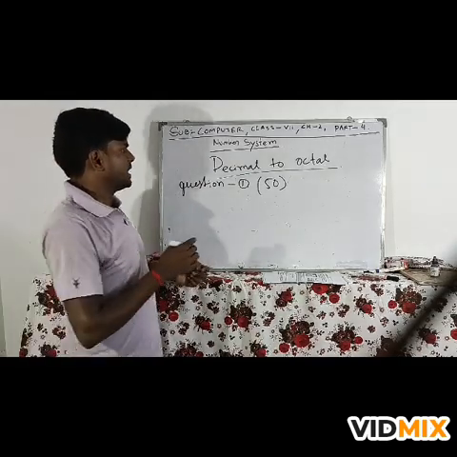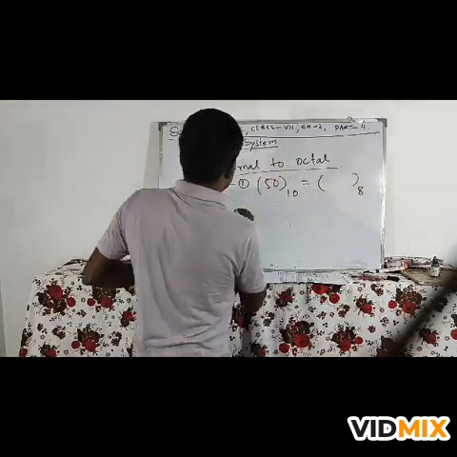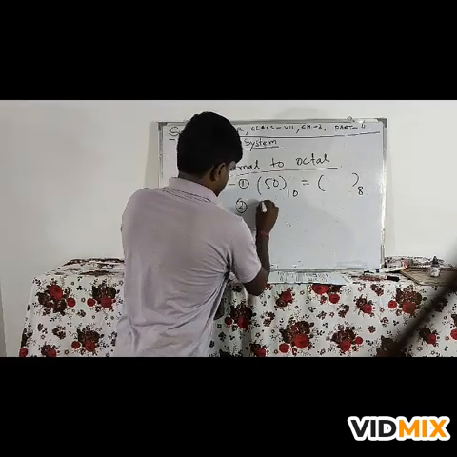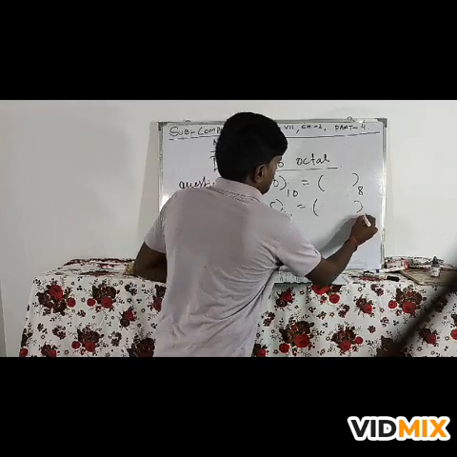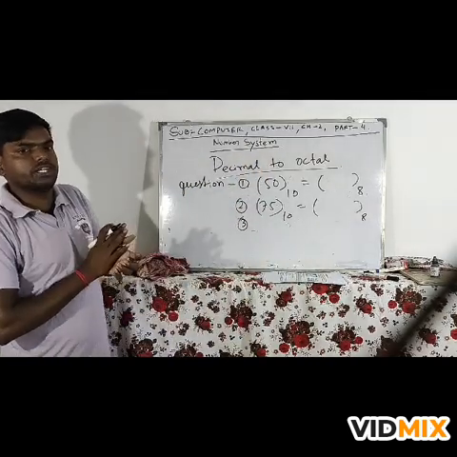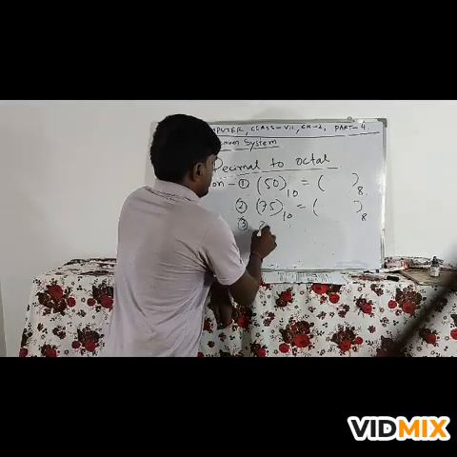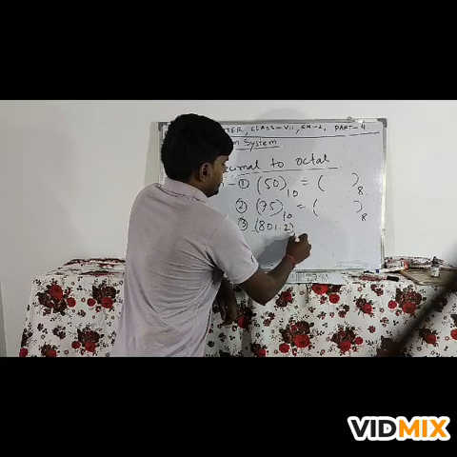Question number 1: 50 decimal to octal. Question number 2: 75 decimal to octal. Question number 3: 80.2, a mixed number.